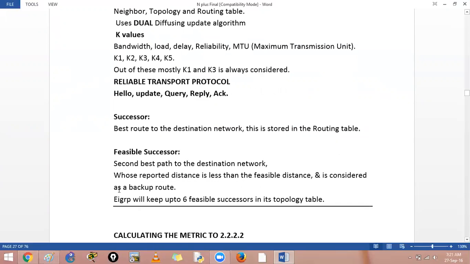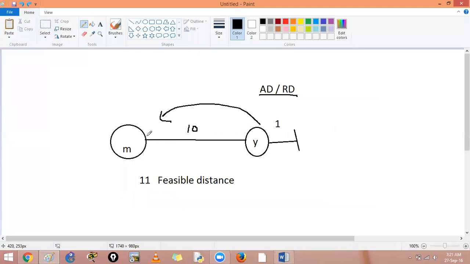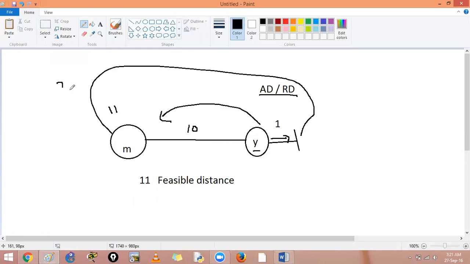And this is actually a loop prevention mechanism. If he asks me how far the airport is, I will tell him it is 11. So he will not consider my route as a backup route because he has a shorter path, right? If I tell him the airport is 8 from me, then he will choose to accept it. But that is a different scenario. We'll see that later on.